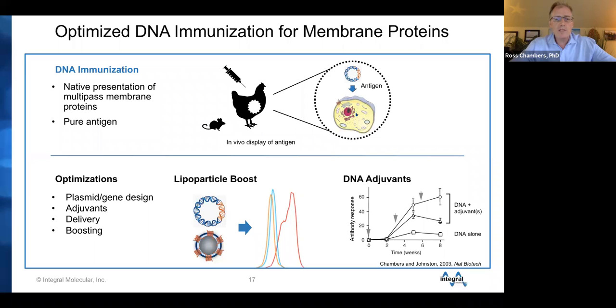It often requires the addition of adjuvants to work well, often genetic adjuvants where you're delivering genes on additional plasmids to boost the immune system. You have to think carefully about how you deliver the DNA to ensure the animals respond, as well as boosting, as I mentioned. And as I mentioned before, boosting with protein is highly effective at making this work well. I was an early pioneer in the DNA immunization field, and we showed many years ago that adding DNA adjuvants has a profound effect on the titers of DNA immunized animals.